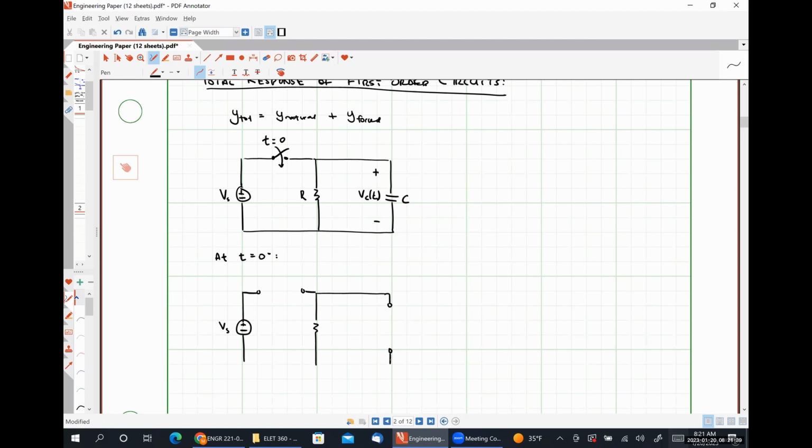Where at 0 minus, our circuit is at DC steady state. And so I'm replacing my capacitor with its DC steady state equivalent, which is an open circuit. So this is the voltage drop across our capacitor. Here is our resistor, and using our understanding of circuit analysis, this should be minus.